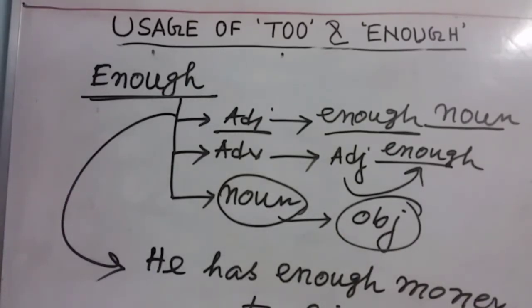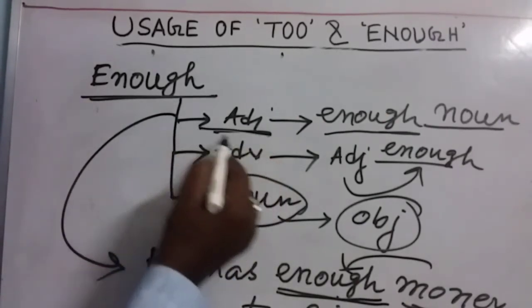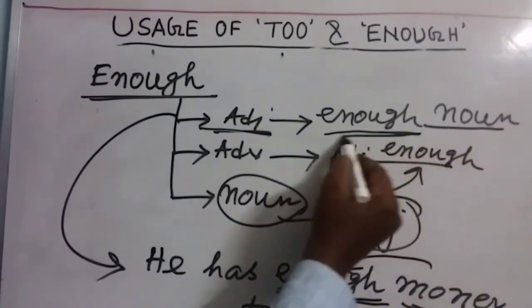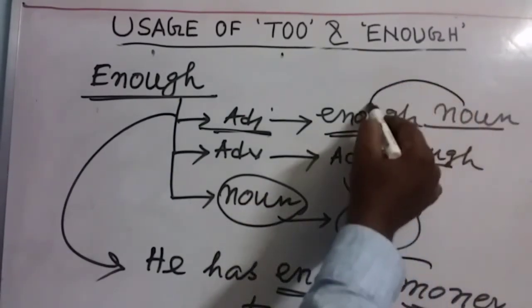Friends, you can see in this sentence, money, this is noun, and before that we have placed enough. So this term is modifying money, or this term is modifying a noun. That's why it's an adjective. So here I have just told you, whenever it is used as adjective, at that time we have to write down enough before the noun.